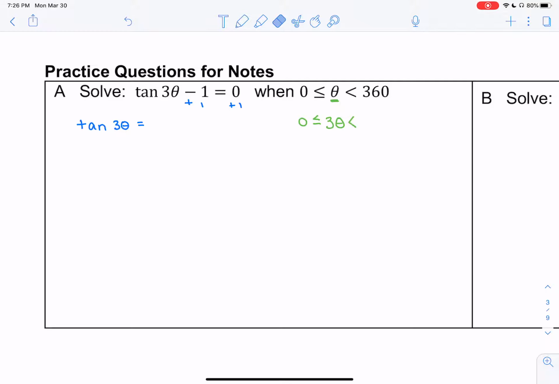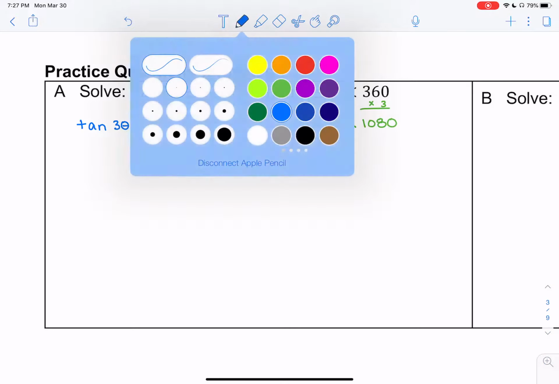We have to multiply 360 times 3, okay? Because we have a theta that got multiplied by 3. So 360 times 3 is 1080. That's important because when we go to pull numbers for when tan 3 theta equals 1, we have to go all the way up until 1080. All right, so this is going to happen multiple times.